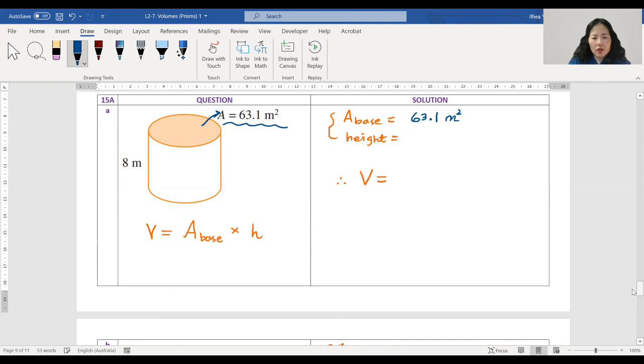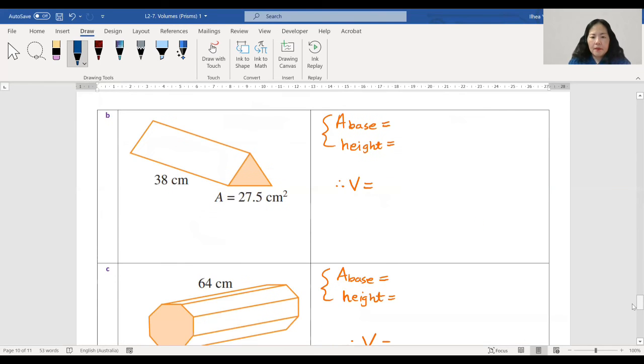That's why I know this is area. It says square meters. Height of the cylinder is 8 meters. So the volume is area of base times height, 63.1 square meters times 8 meters, 504.8 cubic meters.